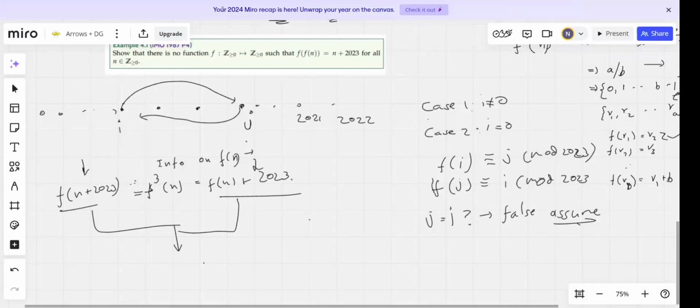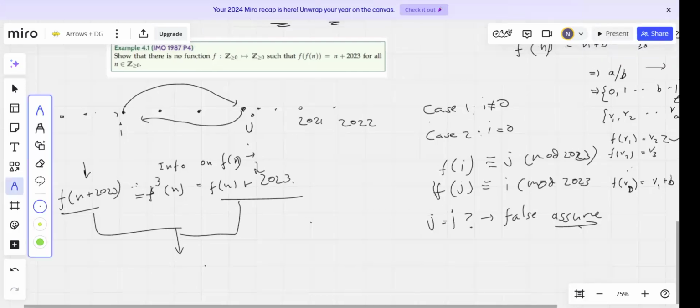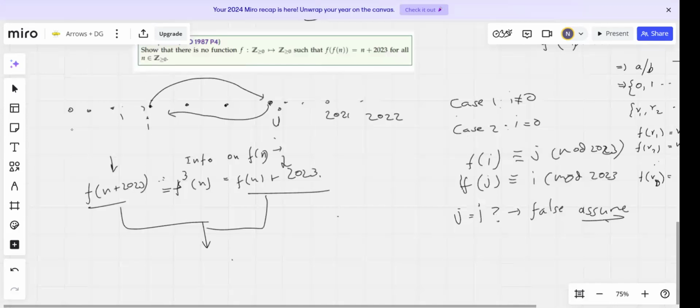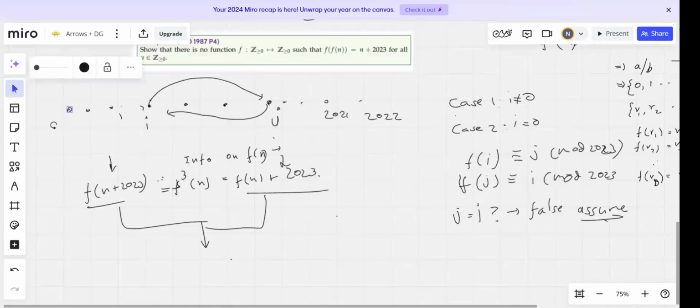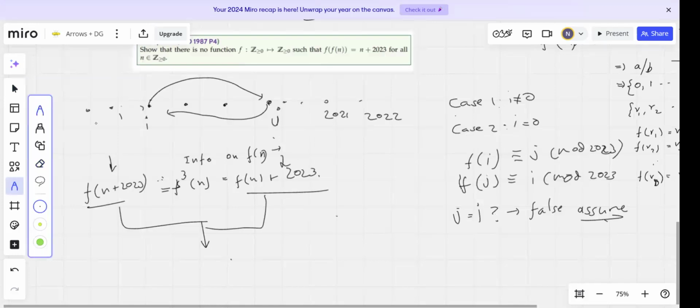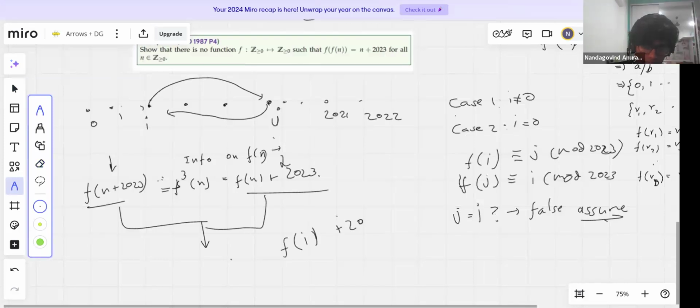So, right, f of I is congruent to j mod 2023. But what we're saying is that instead of n plus 2023, I'll take that as I. Then we can say that's f of f of I plus 2023 is equal to f of I plus 2023.